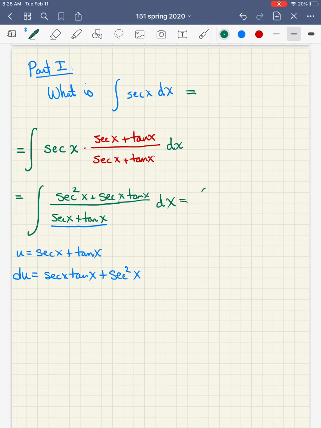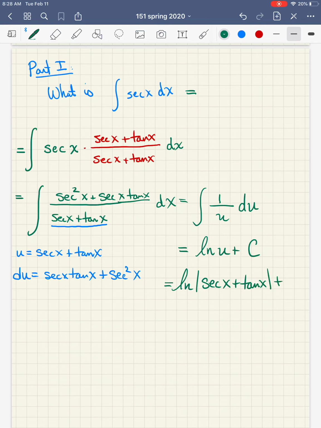And so that means if we do u substitution, we get 1 over u, and this whole numerator here is going to become du. And so we can carry out that calculation. We get natural log of u plus c, which is natural log of secant of x plus tangent of x plus c.